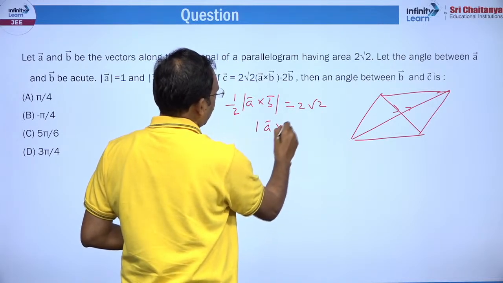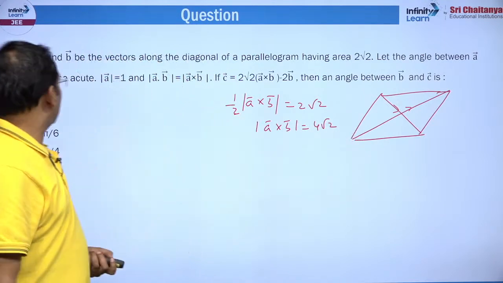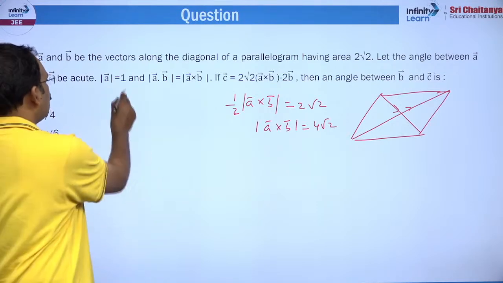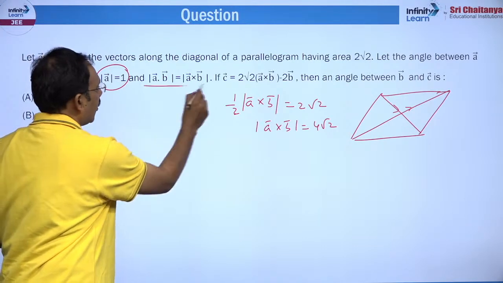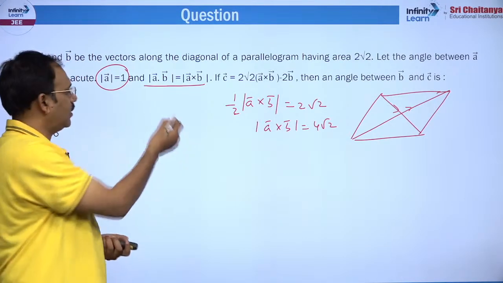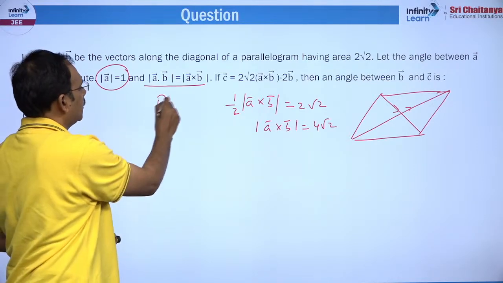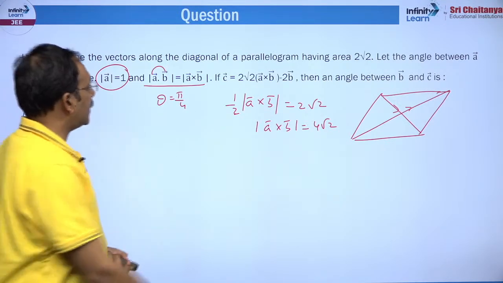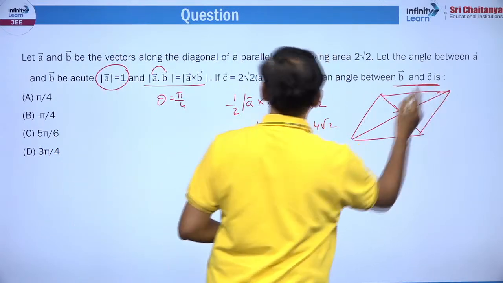So magnitude of a cross b is going to be 4 root 2, first point. Second thing, the angle between a and b is acute, that is fine. Magnitude of a is 1, he said. You see, a dot b and magnitude of a cross b being the same means you can also find magnitude of a, magnitude of b; cos theta, sin theta are same, theta is pi by 4, the angle between a and b you can say. And next, my dear friends, here we want the angle between b and c, do remember.